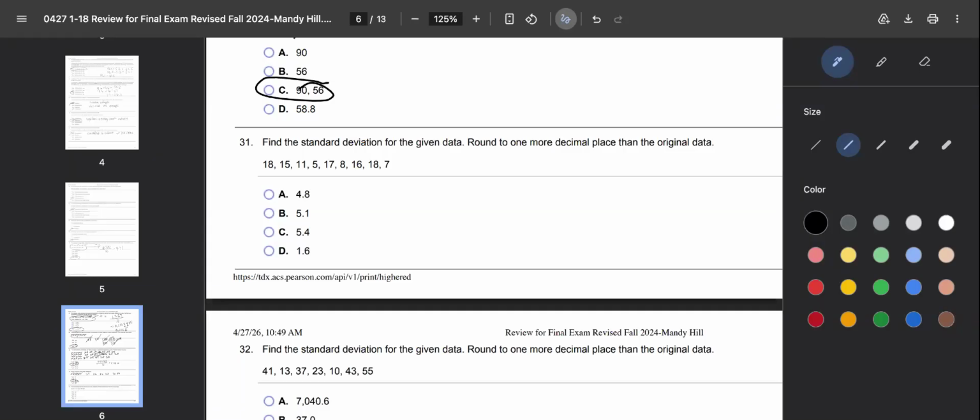And so you can have that there. That's not going to bother me. But to do this, I'm going to pull this up real quick so that you could find the standard deviation. I will make sure that you are able to use this app or this website on your test, Calculator Soup.